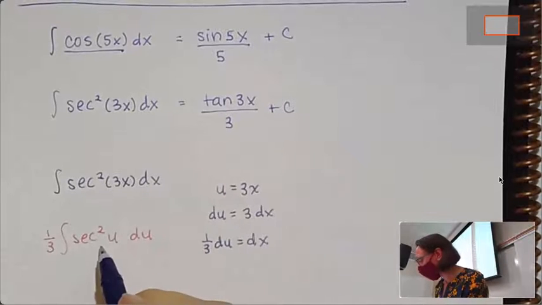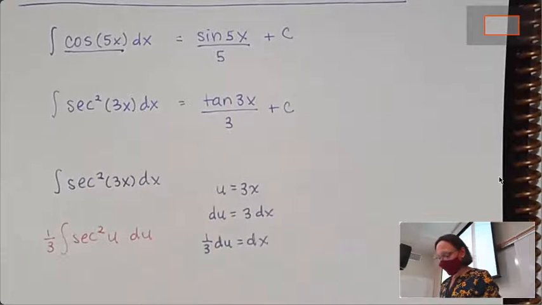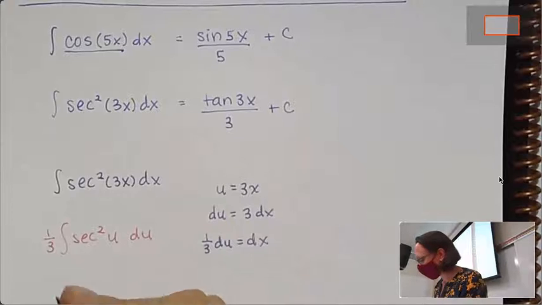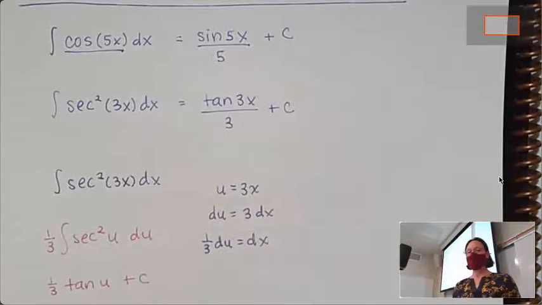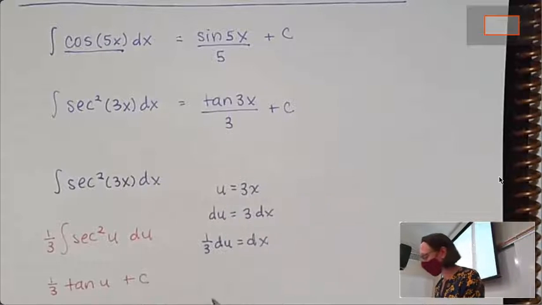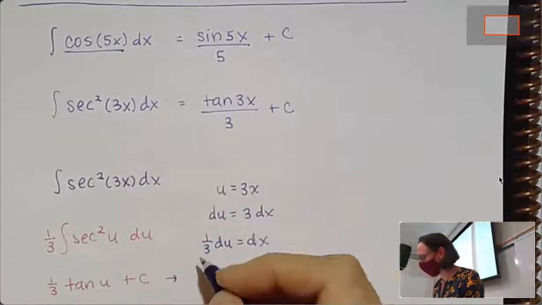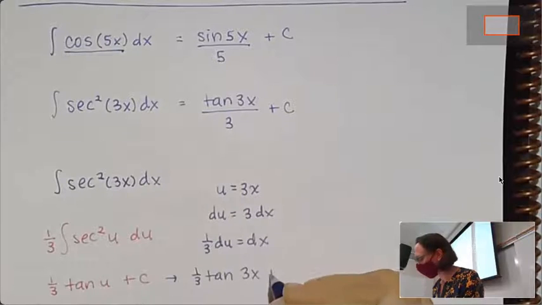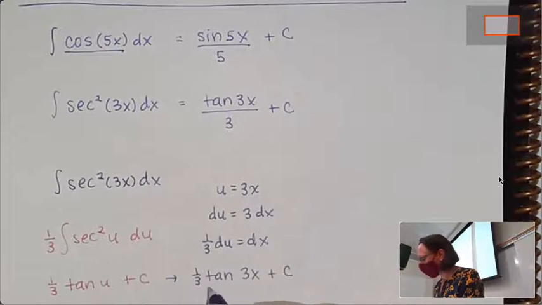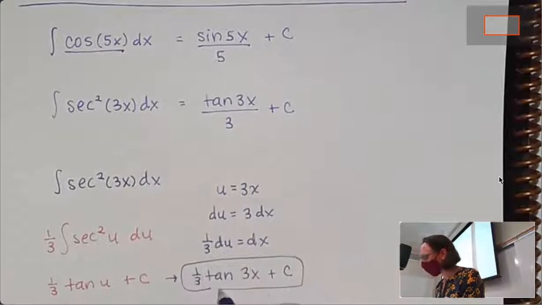And then I'm going to end up with 1/3 tangent of u plus c. And then to get all of our points, making sure that we plug back in what u was equal to. And it is totally fine to get there this way.